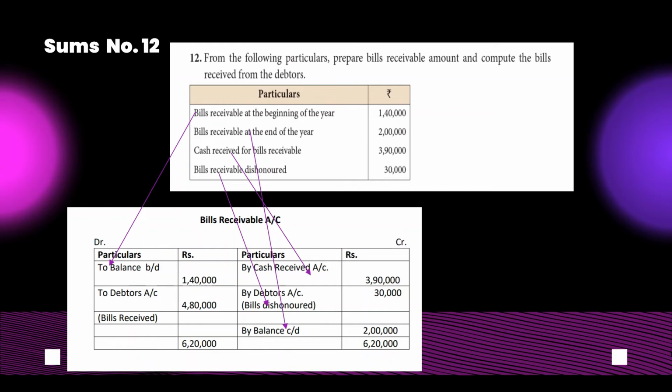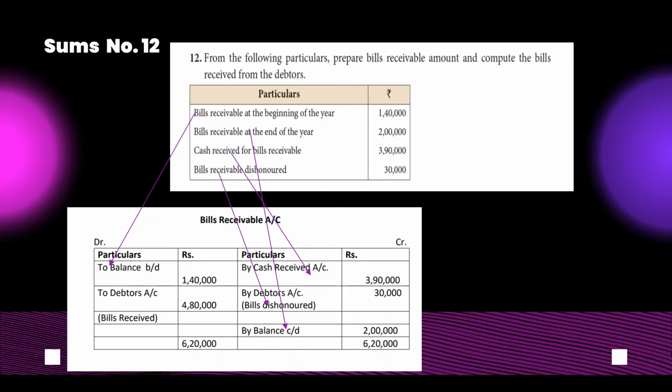Here the sum is only we have to prepare bills receivable account to compute the amount of bills received from the debtors. So here only bills receivable, you know the format of bills receivable. First you record the opening balance 1,40,000 and cash received from the bills receivable, and bills receivable at the end of the year, and the bills dishonored will be transferred to debtors account.